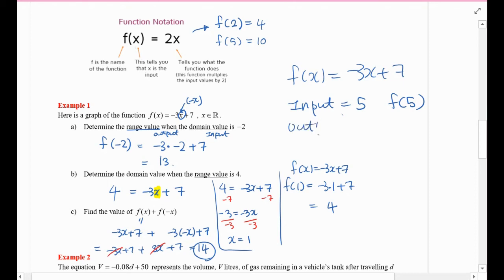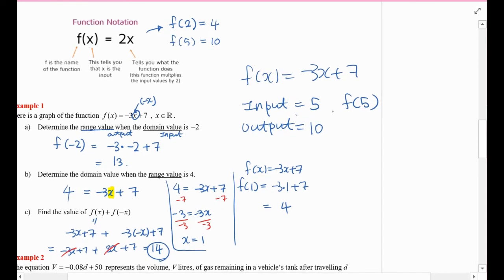If the output is given, say output is 10, then you substitute the whole f of x with 10. So it becomes 10 equals negative 3x plus 7. So you should be able to figure out the difference. You have to understand the difference and find the answer. Okay?